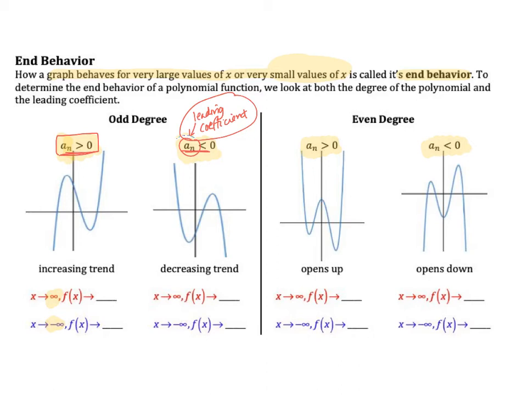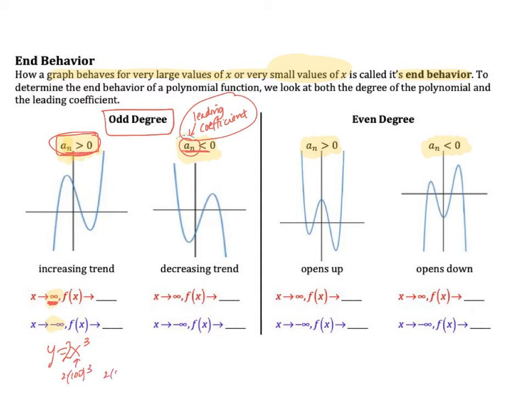So if the leading coefficient for an odd degree polynomial is positive, then what happens? Right, so that's like saying if y equals x cubed and we had a positive leading coefficient of like 2. Well, as you put in a larger and larger x value, so if I put in 100, then it's going to be 2 times 100 cubed.